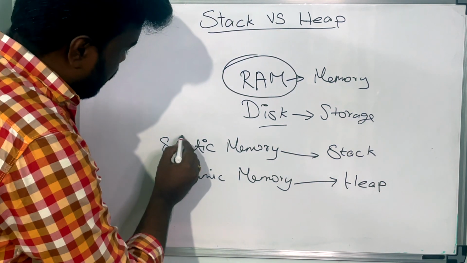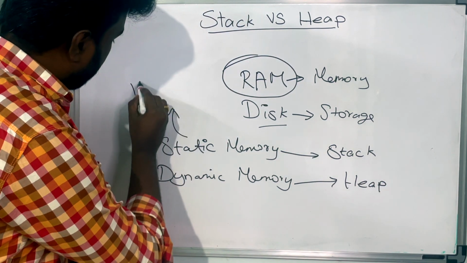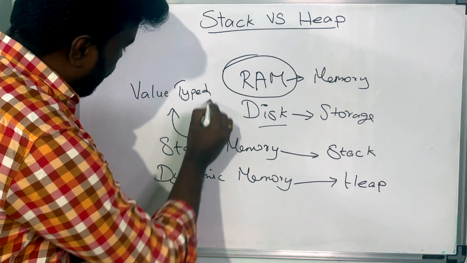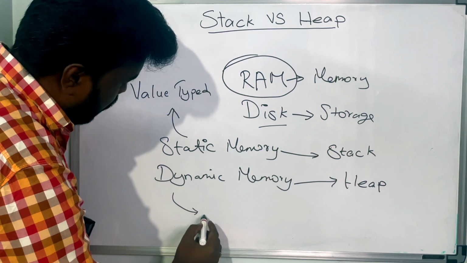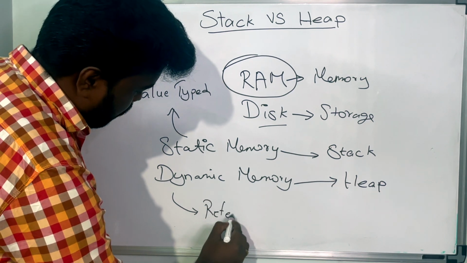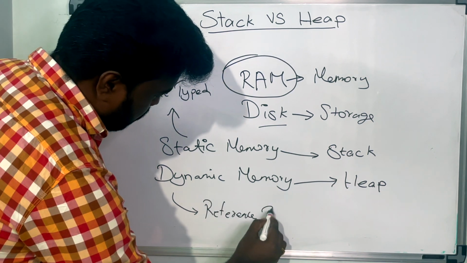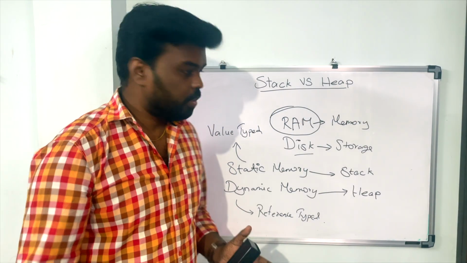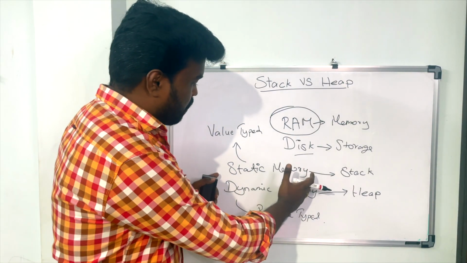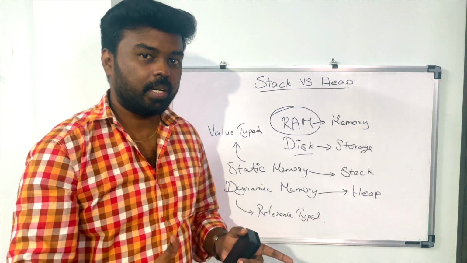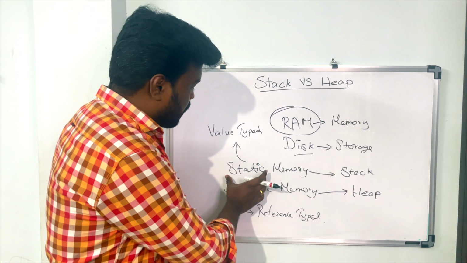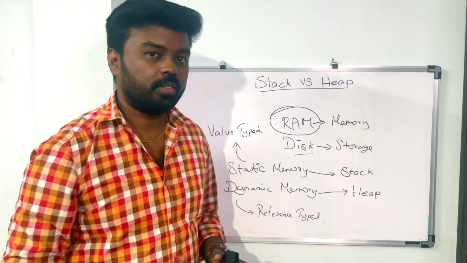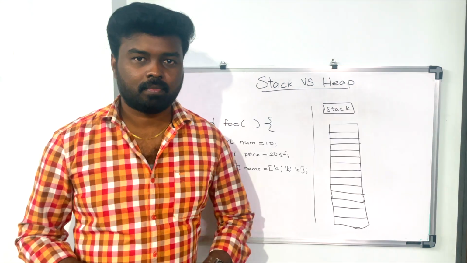The static memory we can also call value type, and the dynamic memory can also be called reference type. We are going to see what exactly static memory and dynamic memory are, and how they get allocated in the stack and heap. That's what we are going to see in detail in this video.